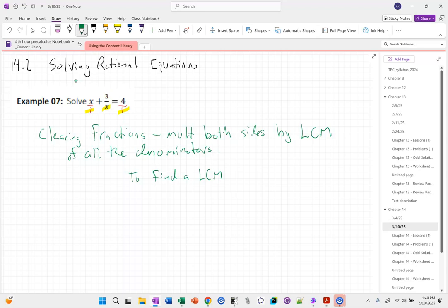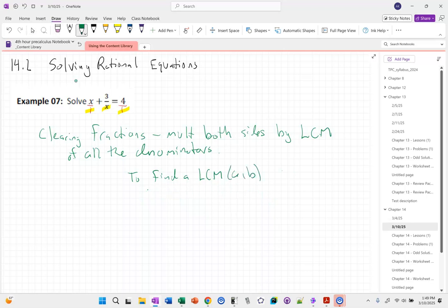So 1 would be like greatest common factor. So to find a least common multiple, you need each distinct prime factor to the largest, well, let me be a little more specific.